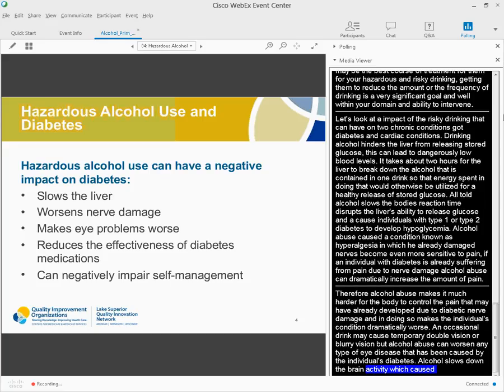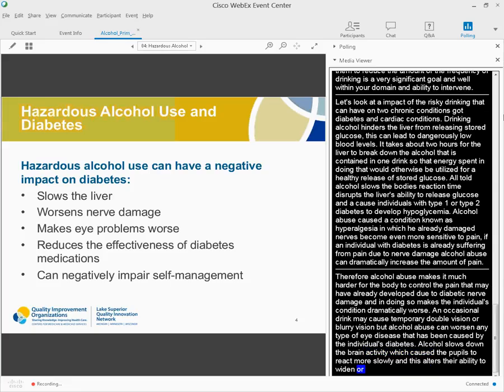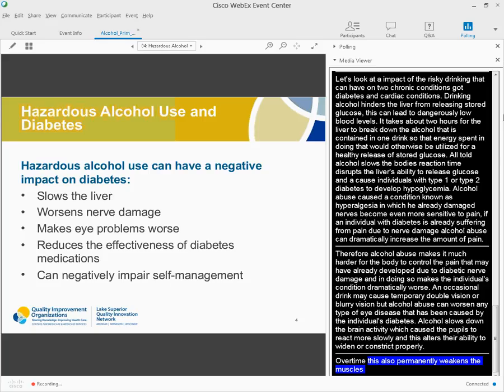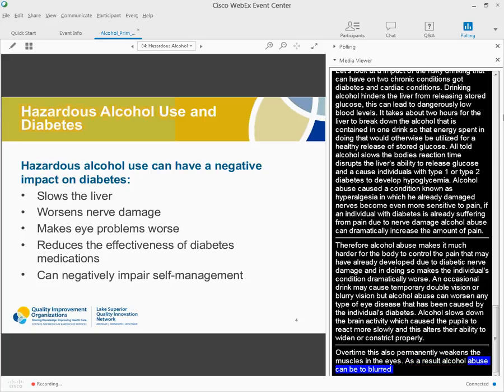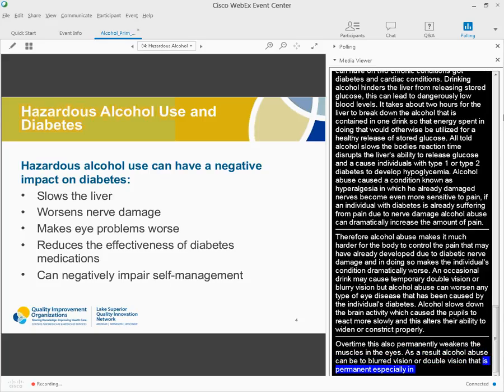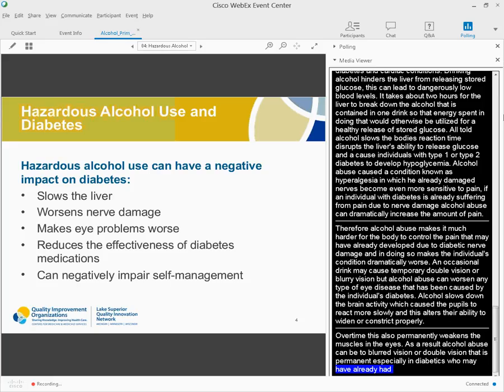Over time, this also permanently weakens the muscles in the eyes. There are hundreds of muscles in the eyes, and alcohol permanently weakens them over time. As a result, alcohol abuse can lead to blurred vision or double vision that is permanent, especially in persons with diabetes who may also have an existing vision problem.